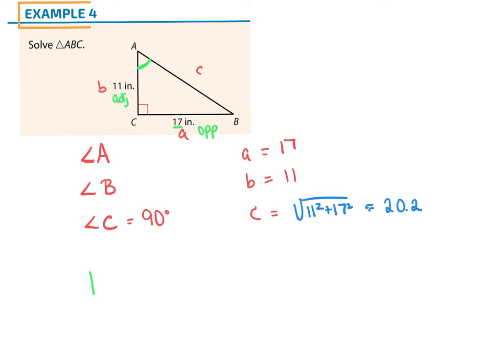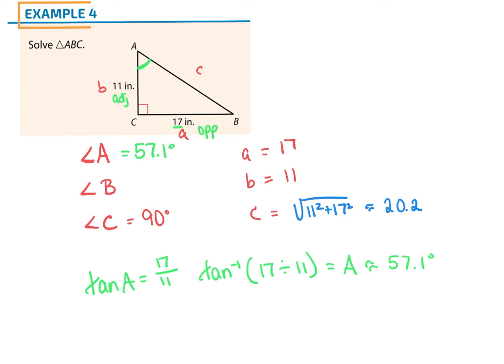Tangent. So the tangent of A should equal my opposite over my adjacent. So in my calculator, I'm going to say the inverse tangent of opposite divided by adjacent should equal A. And when I do that, you should get approximately 57.1 degrees.